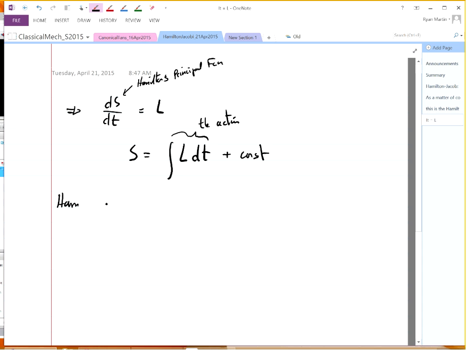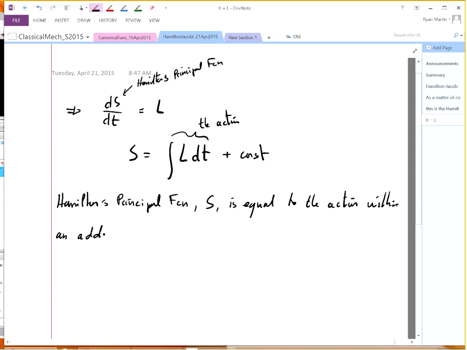So Hamilton's principal function, F, is equal to the action within an additive constant.